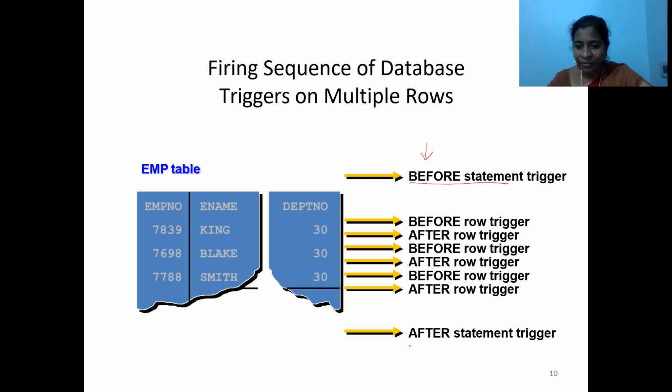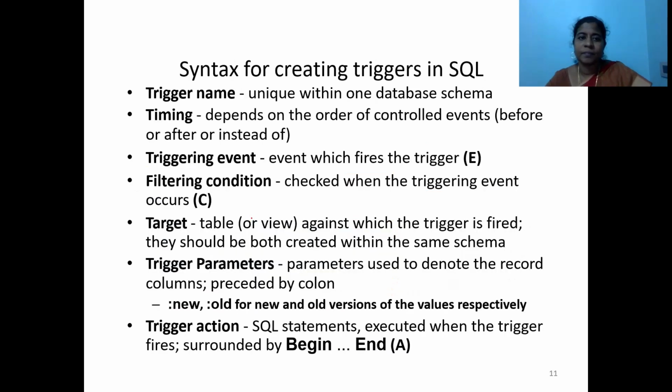And if the condition is after insert, in that case, after insert, this trigger will be initiated. But at the same time, if it is for each row, in that case, for each row, it will be initiated. Again, you have to mention for each row whether it is before or after, accordingly it will work.